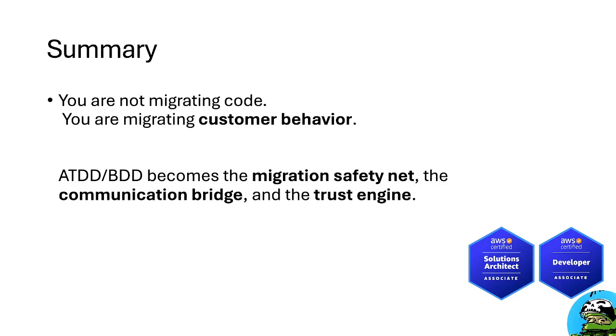The result is not just a modern platform, but a safe path forward where every release is validated by the same behaviors our customers rely on. If we want modernization without disruption, without regression, and without loss of confidence, then the path is clear. Behavior is the contract, and ATDD is how we enforce it.